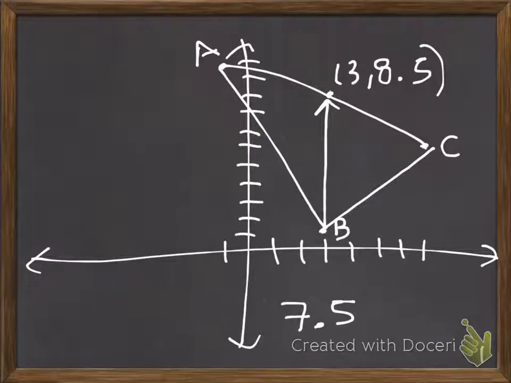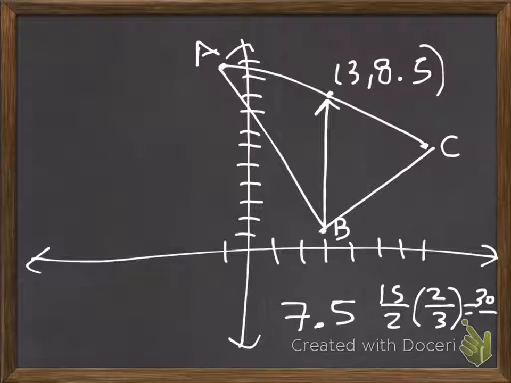So I'm going to multiply this total by 2/3. So 7.5 times 2/3, which gives me 30 over 6, or 5. And I'm going to count up from B 5 units. That's going to be my point. So if I count up from 1, 5 units, that goes up to 6.